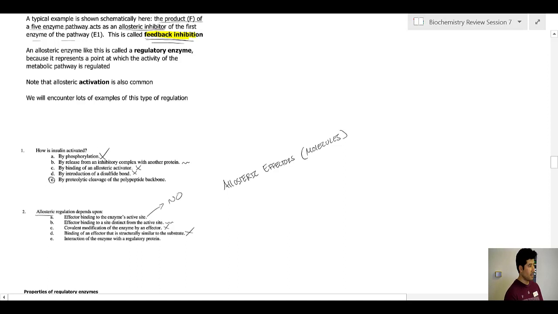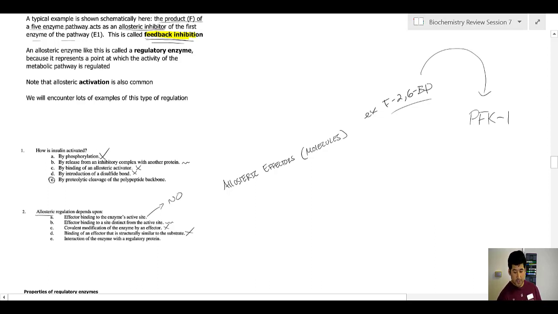Does that make sense? Remember when we were talking about fructose 2,6-bisphosphate? Is that an enzyme or is that a molecule? That's a molecule. So the example here is fructose 2,6-bisphosphate. So what does fructose 2,6-bisphosphate do to PFK1?